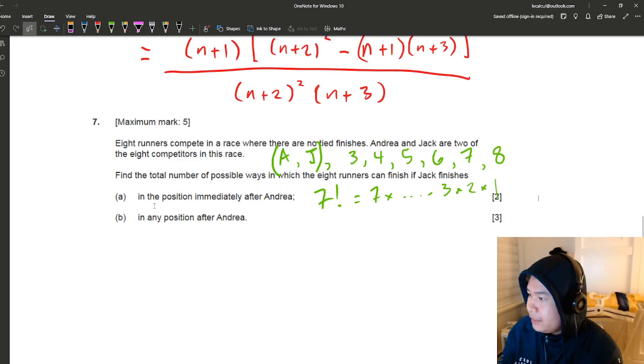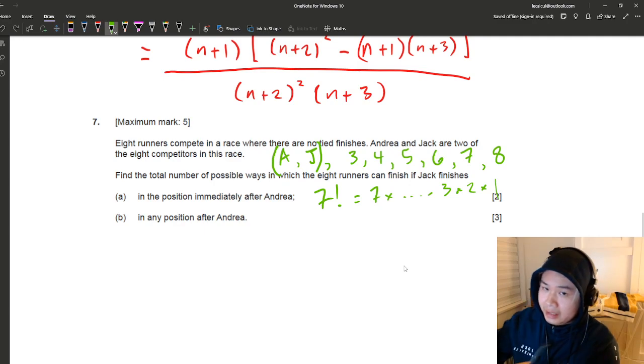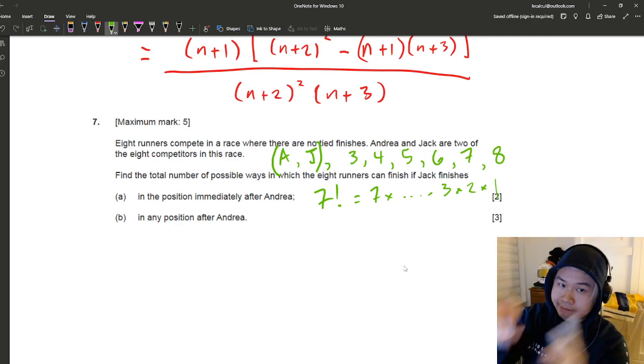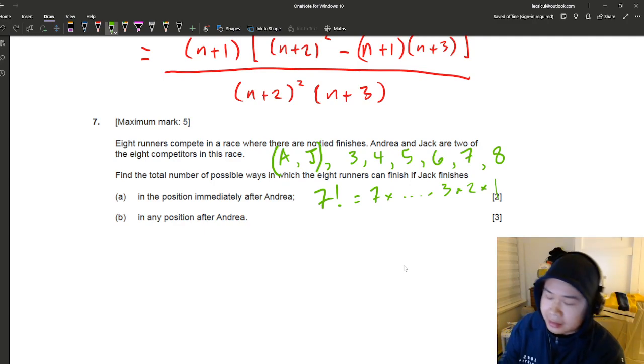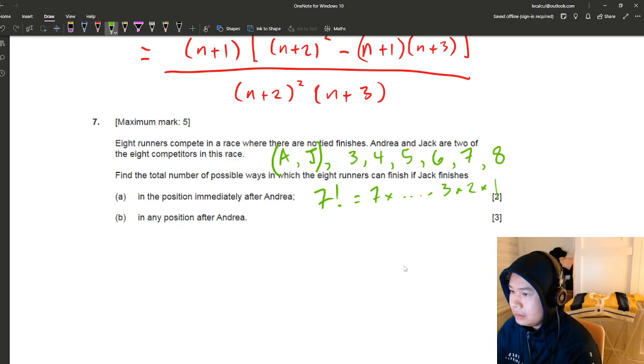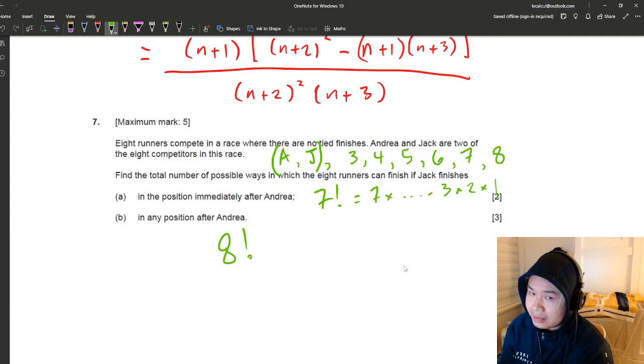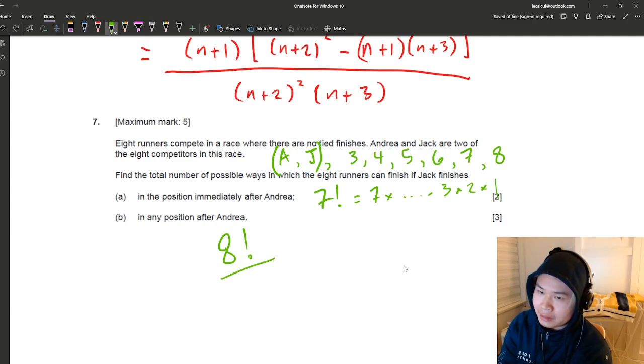And then we need to find the possible ways that 8 runners can finish if Jack finishes any position after Andrea. Okay. So if you just think about it, Jack just needs to come after Andrea, and it doesn't matter where he is. So there are a total of 8 factorial different ways to arrange this, and obviously if you think about it, half of them have Jack come first, and half of them have Andrea come first.